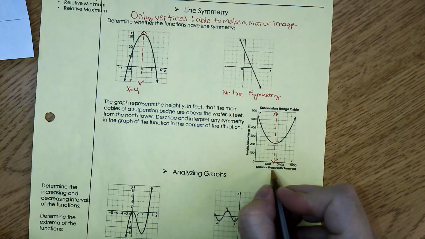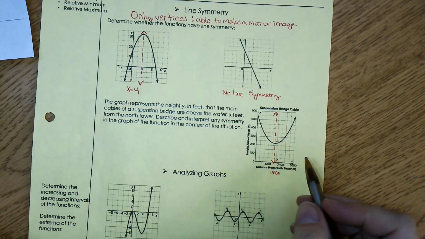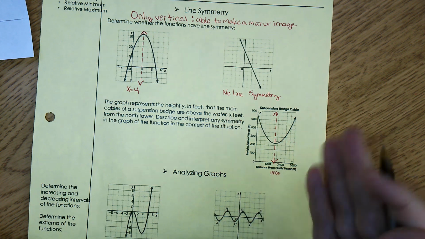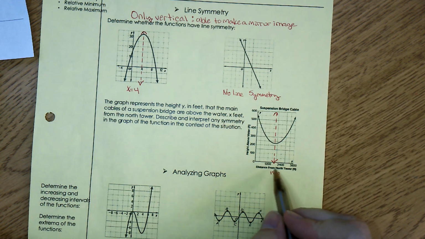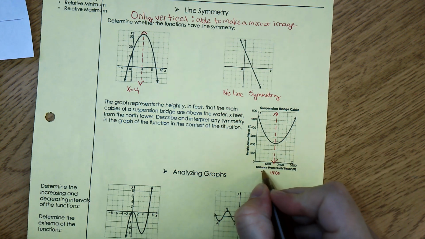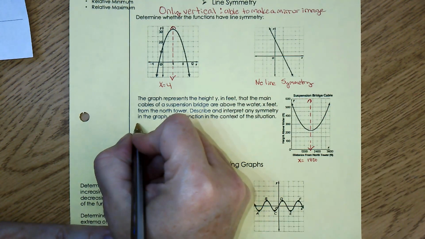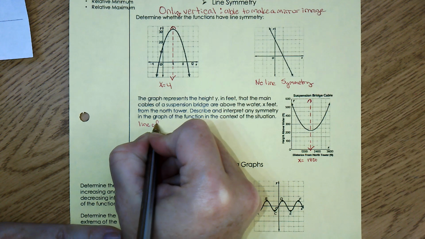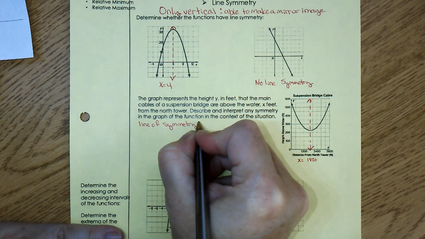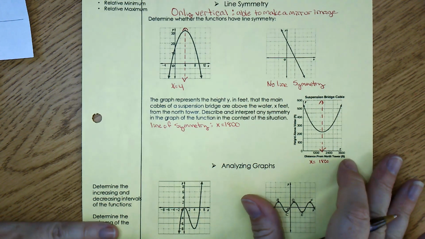We have split it at 1800, right down the middle. 1200 plus 2400 is 3600, and you divide that by 2, which gives you 1800. So x equals 1800. You do have a line of symmetry, and that line of symmetry is at x equals 1800 feet.